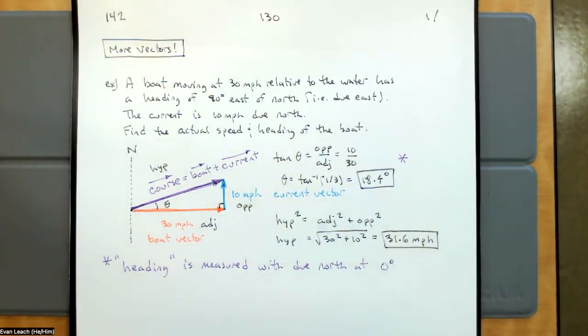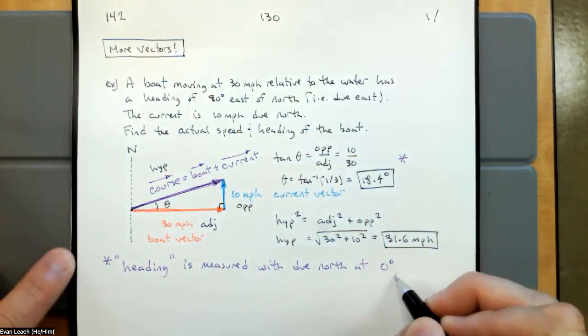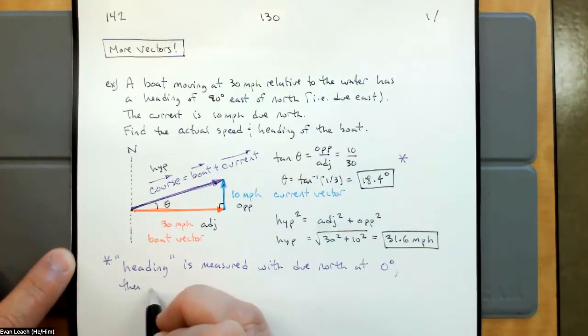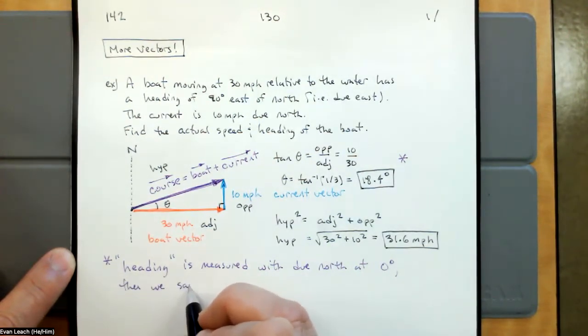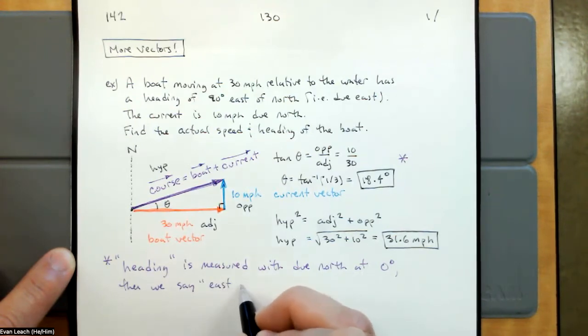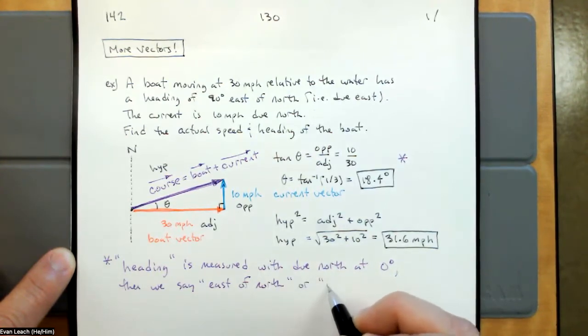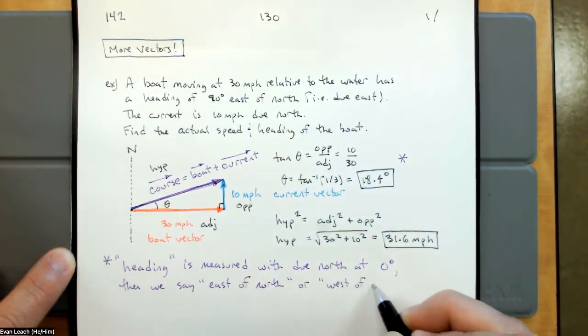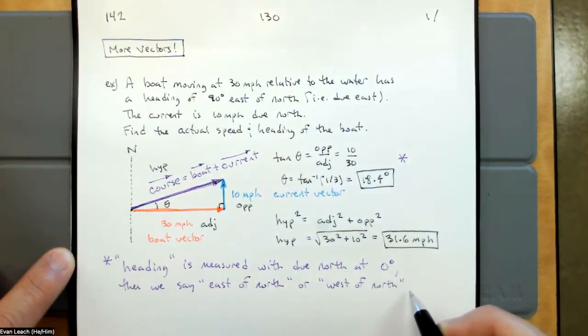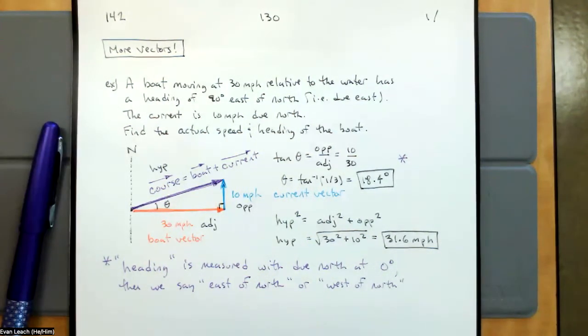So heading is usually measured with due north as 0 degrees. And then we'll say east of north or west of north. Instead of using positive and negative, we'll say east of north and west of north. We do this on streets as well.